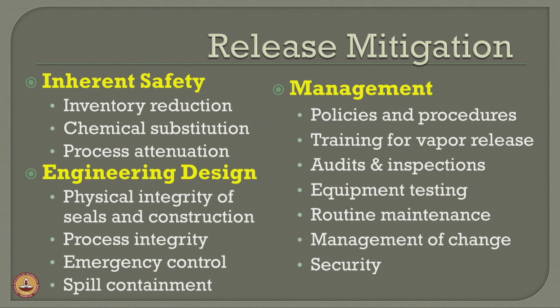One should conduct periodic audits and inspections, safety audits, etc., to keep revisiting the mitigation plans managed and planned by the industry, and whether they have been efficiently addressed in terms of practice. Friends, it is also important that one should go for periodic testing of the equipment in terms of its performance and efficiency. Routine maintenance of course is a mandatory step involved in managing release mitigation processes.